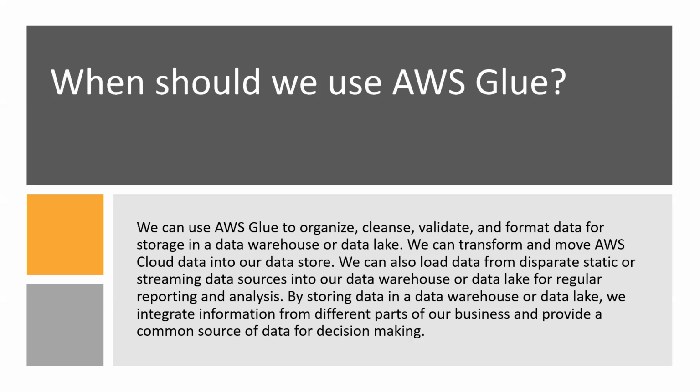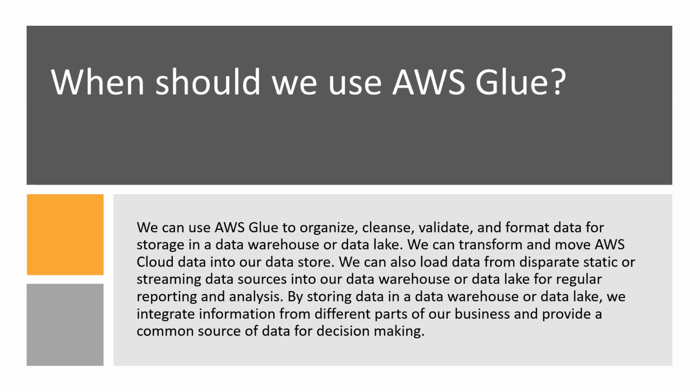AWS Glue simplifies many tasks when we are building a data warehouse or data lake. It discovers and catalogs metadata about our data stores into a central catalog. We can process semi-structured data such as clickstream or process logs. AWS Glue populates the AWS Glue Data Catalog with table definitions from scheduled crawler programs.